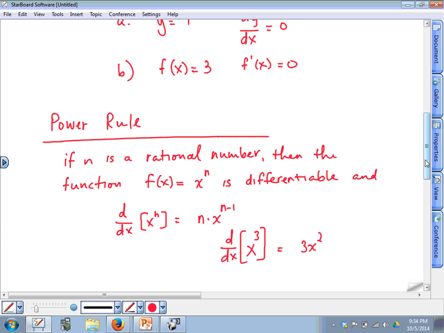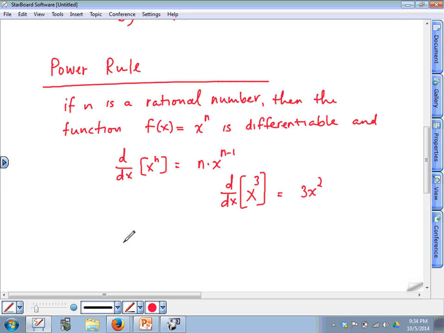So it's not really a special case, but quite often students get confused with this one particular instance of the power rule, so it is helpful to write it on its own. The derivative with respect to x of x is equal to 1.